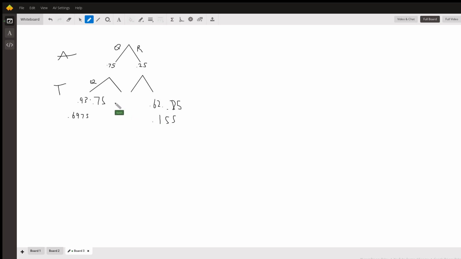And so now we just need to find the probability that they will go to different universities, which is exactly these two missing slots here. And so you find that the answer there is 1 minus 0.155 minus 0.6975, which is equal to 0.1475, which is the final answer.